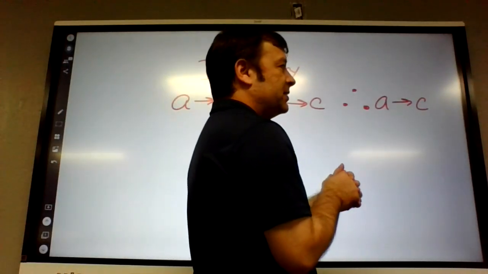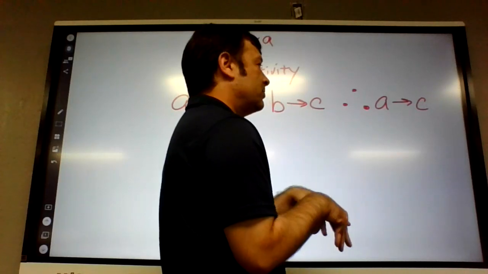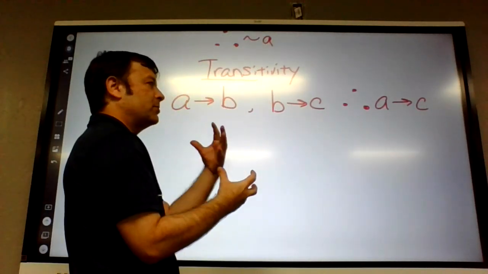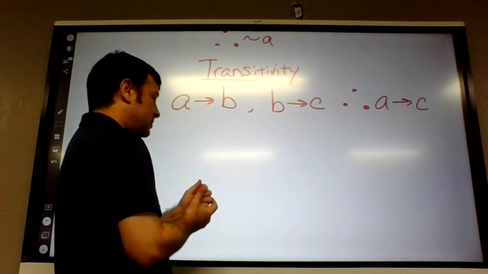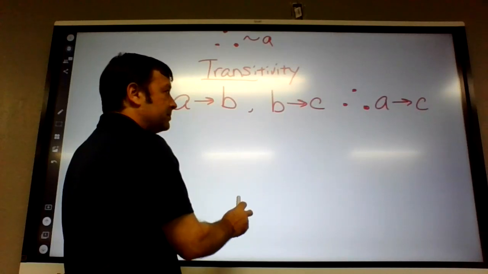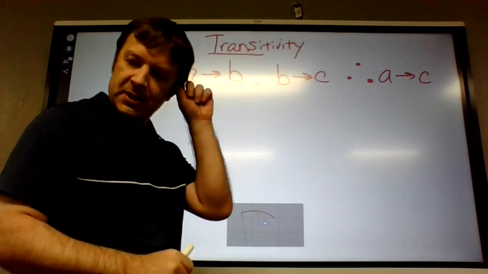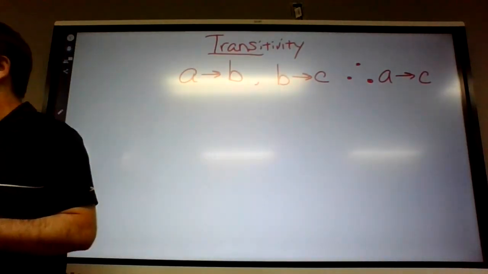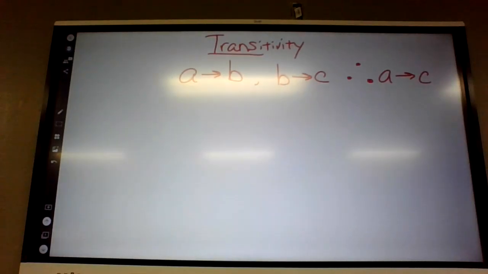All fish have scales, a piranha is a fish, therefore a piranha has scales. This is the rule, this is the rule, this is the conclusion. That's deductive reasoning. It has to be true if the assumptions are true.